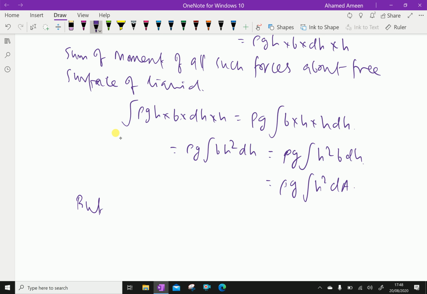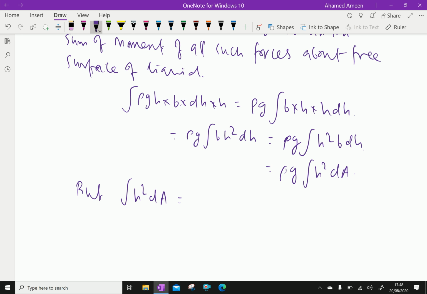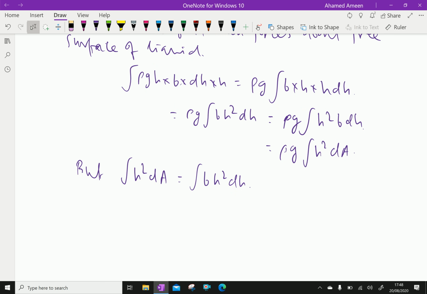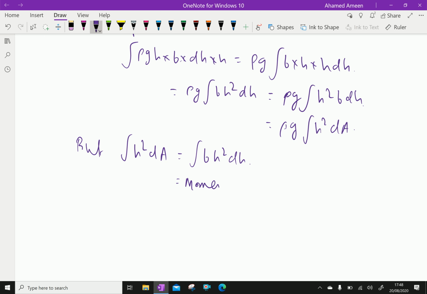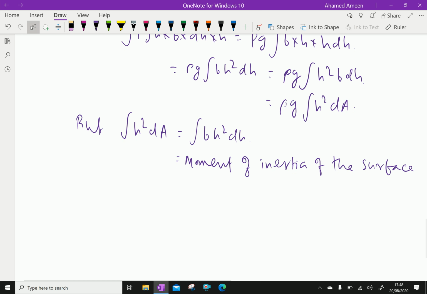But integral h squared dA is equal to integral b h squared dh. This is equal to the moment of inertia of the surface about the free surface of liquid.